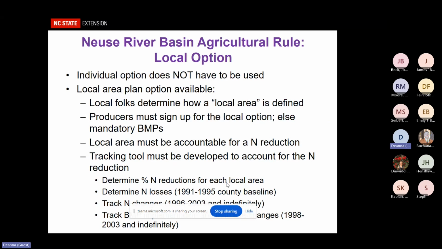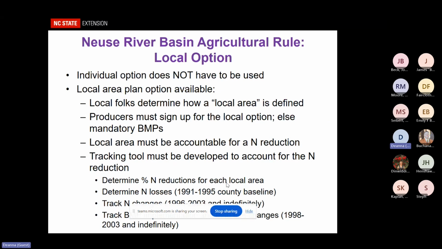And most importantly, this is why NLU was so important. A tracking tool had to be developed to account for nitrogen reduction and determine the nitrogen percent reduction for each local area, determine the nitrogen losses from baseline, track changes, and look at, this is really important, conservation effects over these time periods.